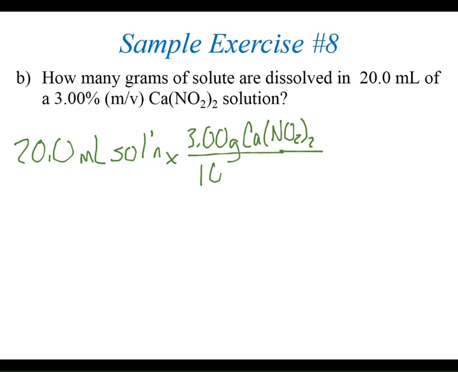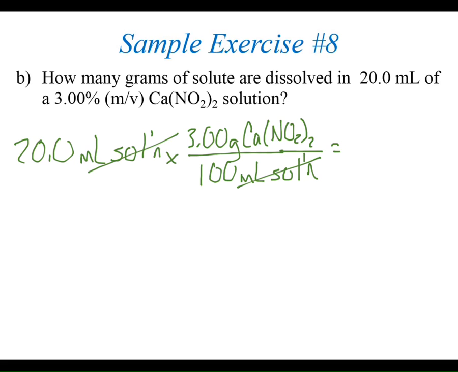Over 100 grams of what? I'm sorry, not 100 grams, 100 milliliters, because it's M/V of what? Solution. So what'd you get? 667? That's a little big.